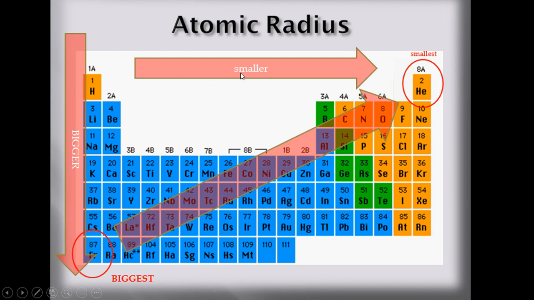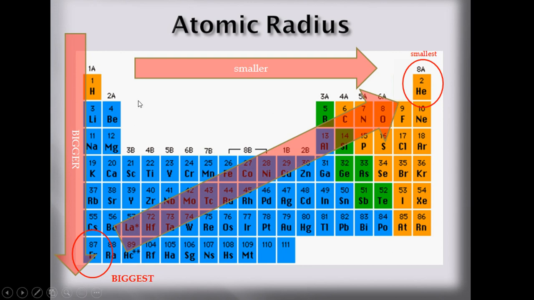Now, if we look up here, the atomic radius actually gets smaller when you go left to right on the periodic table. And that may not make sense at first. If you look at lithium, it has 3 protons, 3 electrons. If you look at neon, it has 10 protons and 10 electrons. Most people would probably assume, okay, neon has to be bigger because it has more protons and electrons.